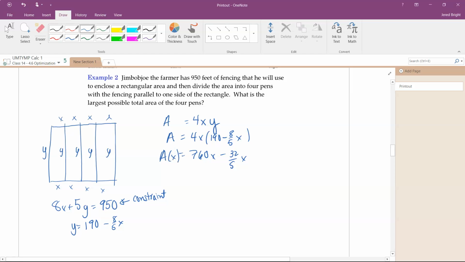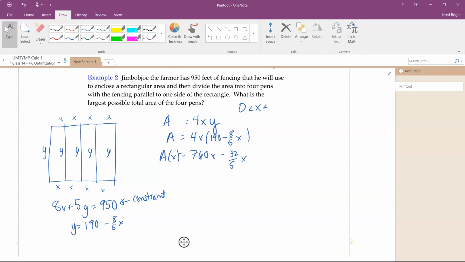Now I'm going to pause a moment here and ask myself, am I on a closed interval? If I think about the domain for x, the minimal that x can be, well, can it be 0? Not really, because otherwise I don't have any pens.